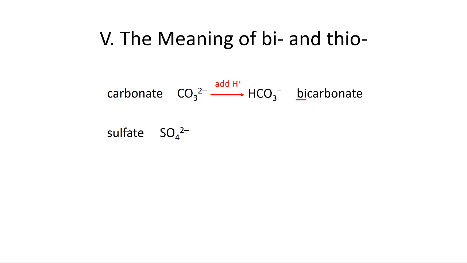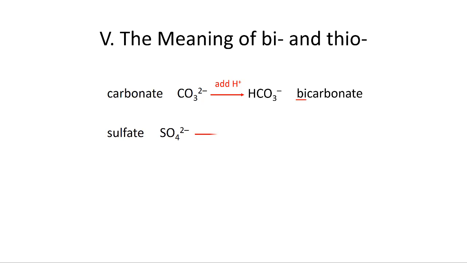If you see that prefix bi, that means that you've added a hydrogen plus ion to your polyatomic ion. So now it has a less negative charge and it has a hydrogen in it. Of all the polyatomic ions that you need to learn, the only one that begins with bi is bicarbonate. So that's useful.